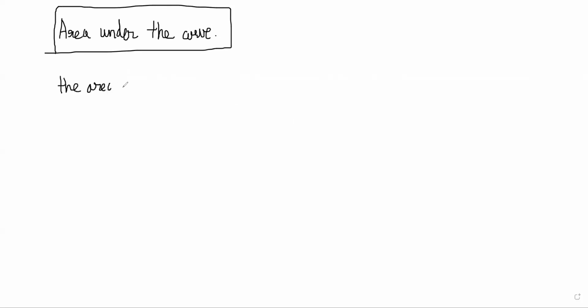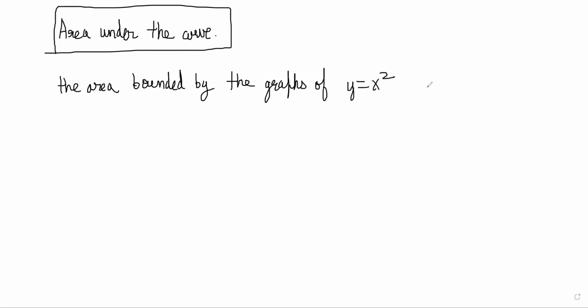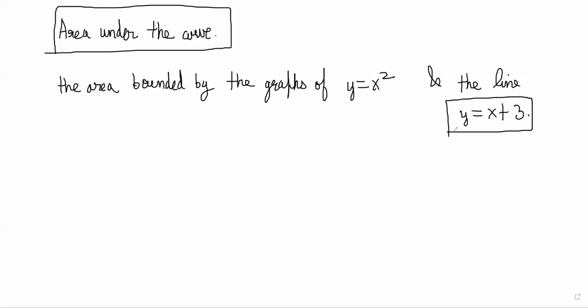For example, let's say we have to calculate the area bounded by the graphs of y = x square and the line y = x + 3, let's say, with the y-axis.